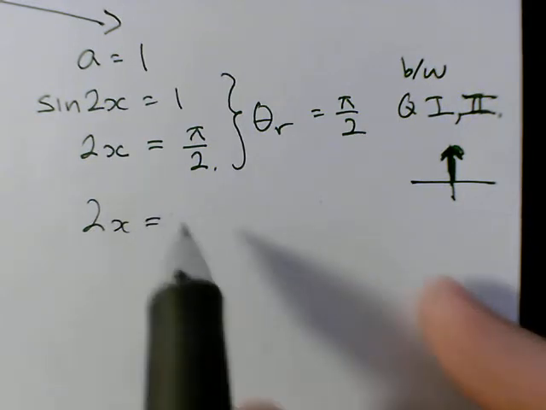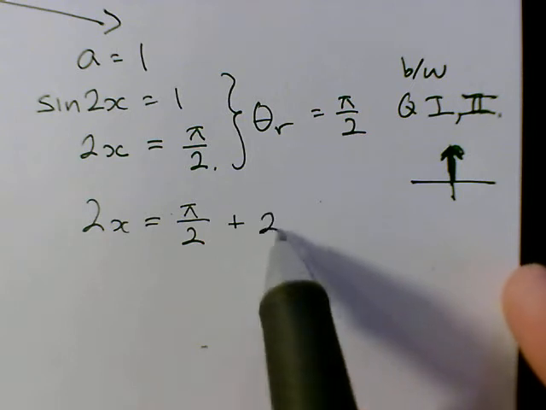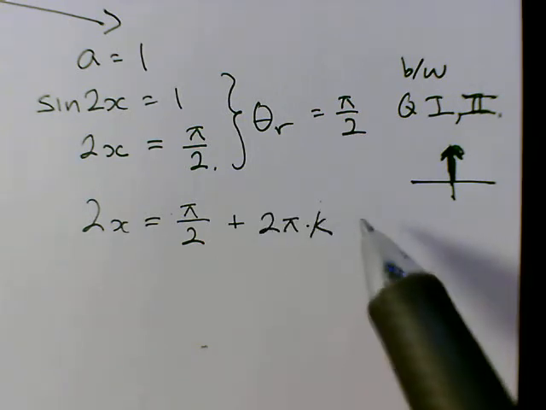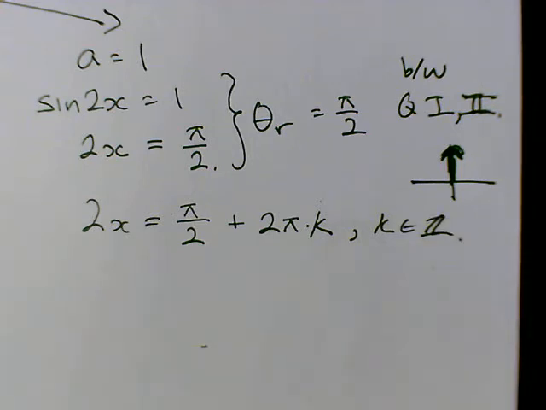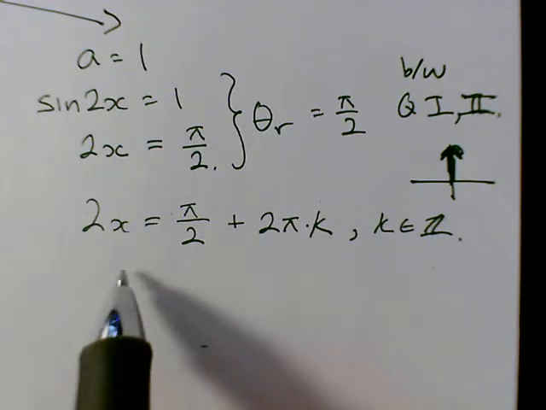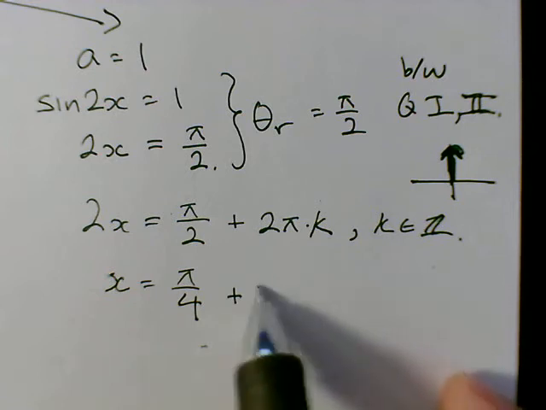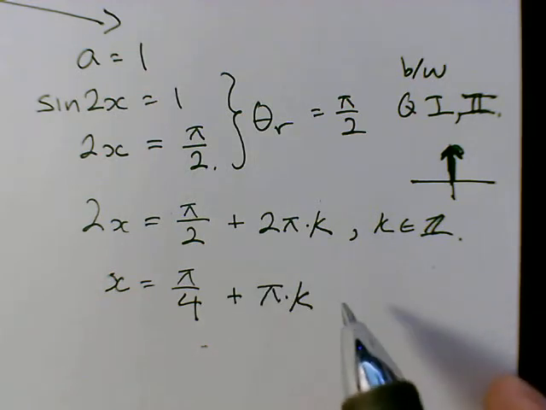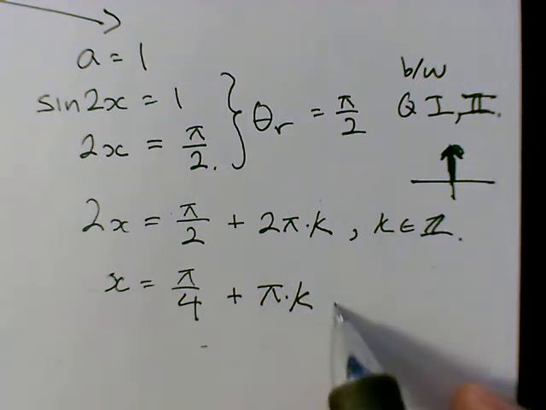2x is, in fact, equal to pi over 2 plus, you never know, right? Every angle that is coterminal with pi over 2. If 2x is going to be pi over 2 plus every coterminal angle of pi over 2, that means x is going to be pi over 4 plus any angle coterminal with pi over 4, plus pi k.